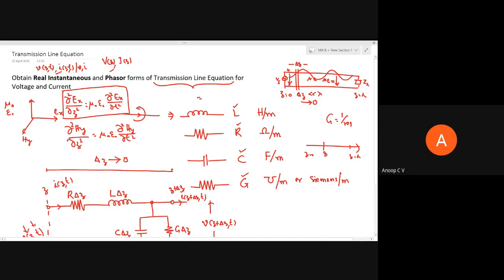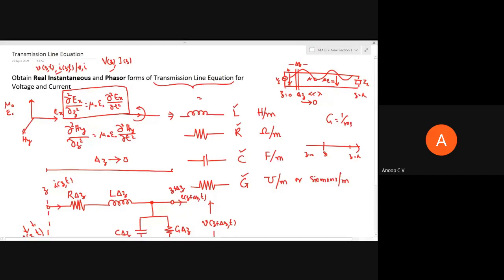So the transmission line equation is something similar to the wave equation. The wave equation described wave propagation, the real instantaneous variation of electric and magnetic field in space and time. The transmission line equation will describe the variation of voltage and current along the length of the transmission line at any given time.